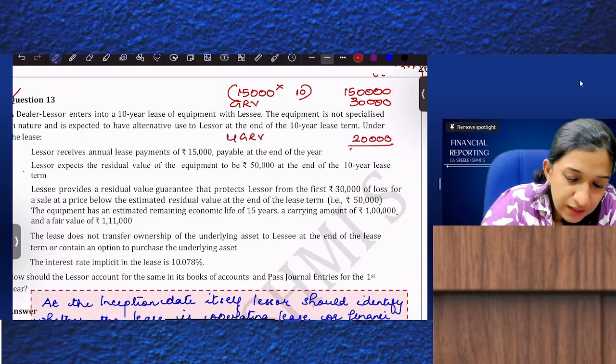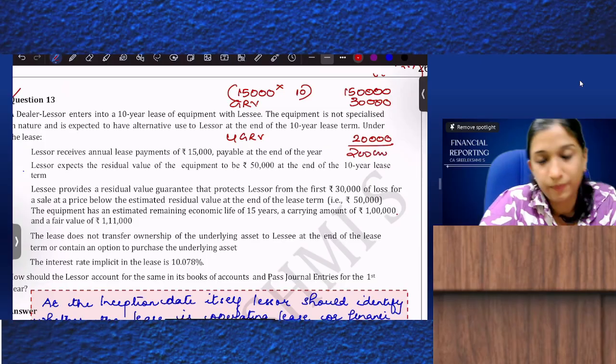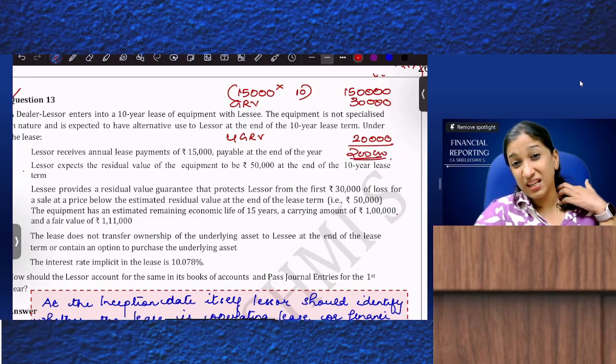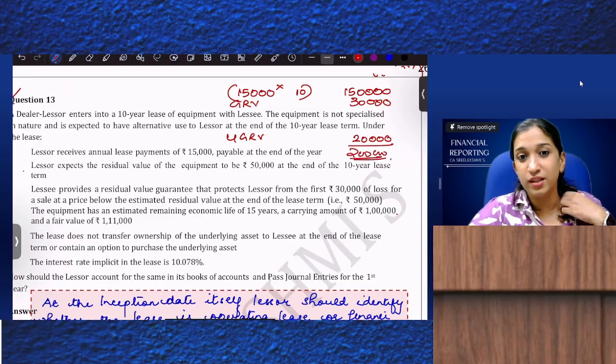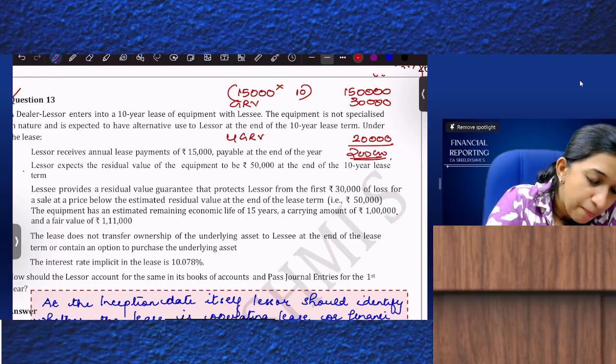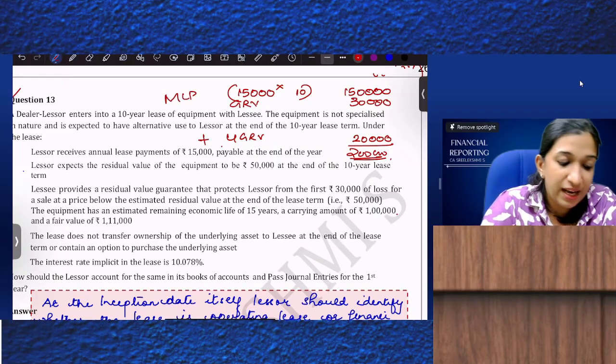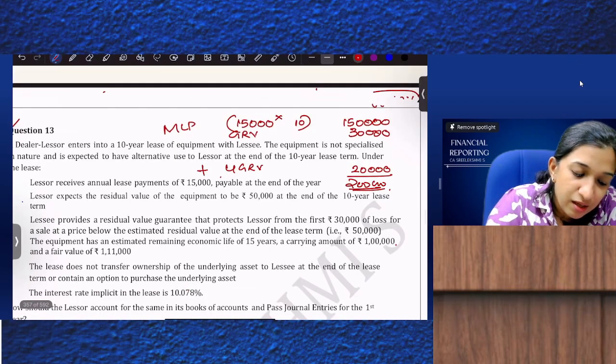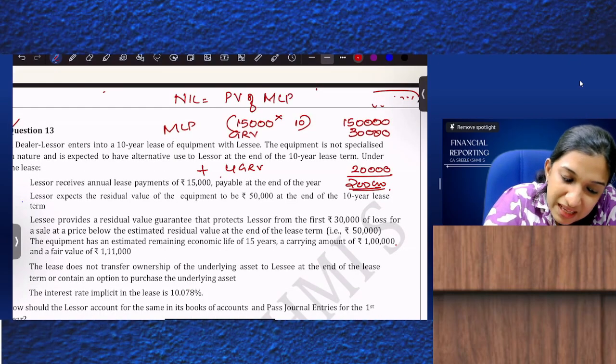So gross investment in lease is 2 lakhs. Okay, so net investment in lease. Why should I do all this? Gross investment in lease is MLP plus UGRV. Net investment in lease is present value of MLP plus present value of UGRV.